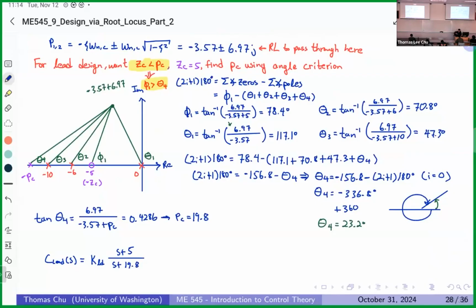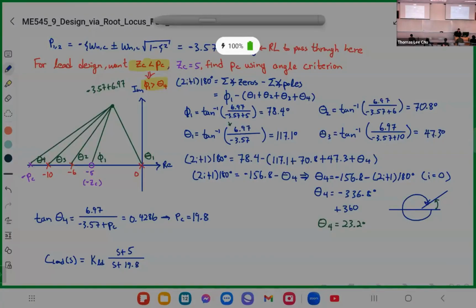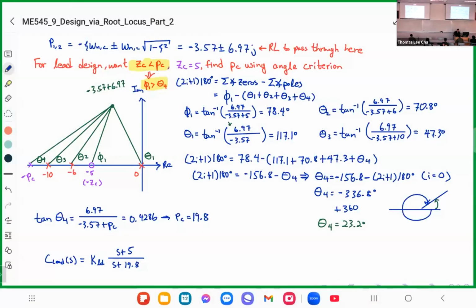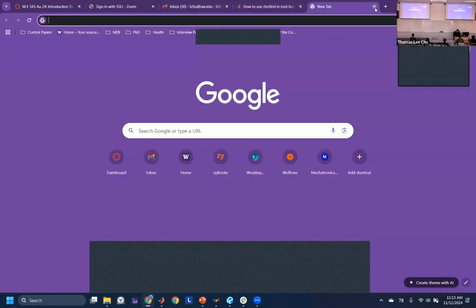I'm going to go to Canvas and show you a little handout, and hopefully that'll also help put some of your wonder and curiosity to rest about what all of this actually means and why we don't actually use root locus in actual design. So this is more for the people who are interested in PID tuning and are going to go to industry. Oh, I already have it open.